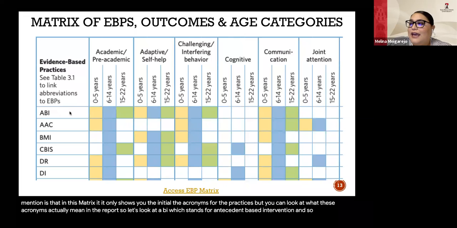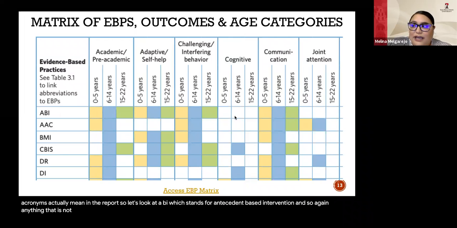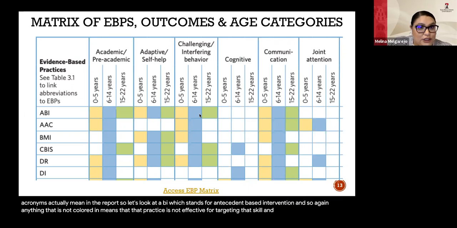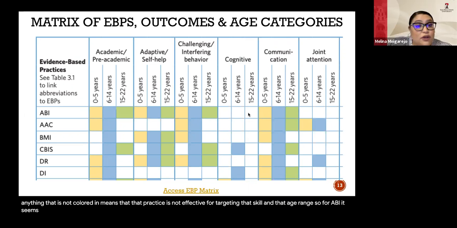And so again, anything that is not colored in means that that practice is not effective for targeting that skill and that age range. So for ABI, it seems like for the cognitive area, it's not effective for any of the age ranges. And that seems to be the case also for joint attention.